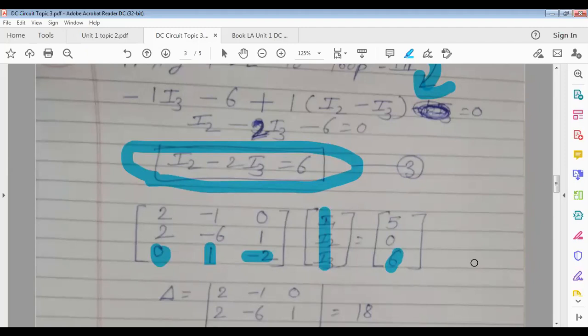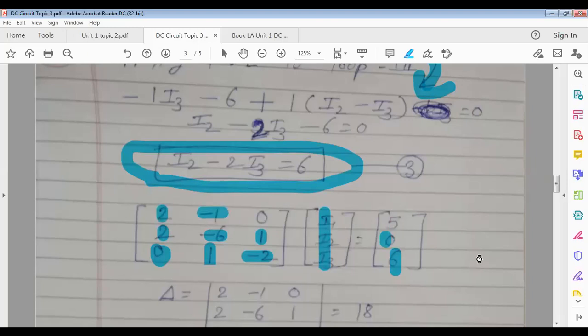So can you write the 3 equations in matrix form? How to write it? First one will be I1, whatever the I1 into, this is I2 into, and this is I3, is equal to 0. First equation: 2 times I1 minus I2 is equal to 5.